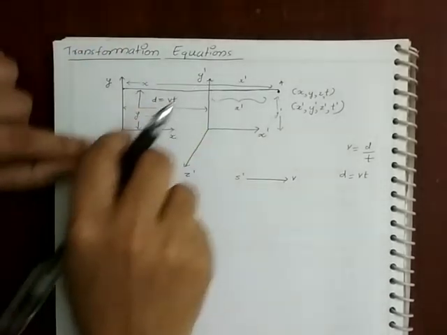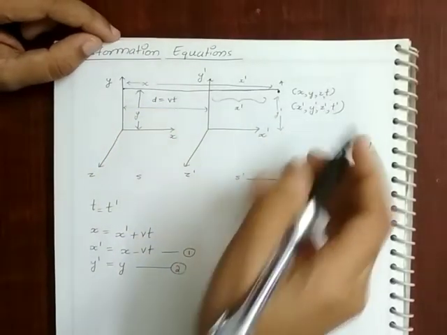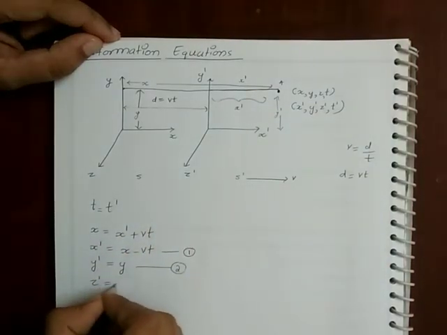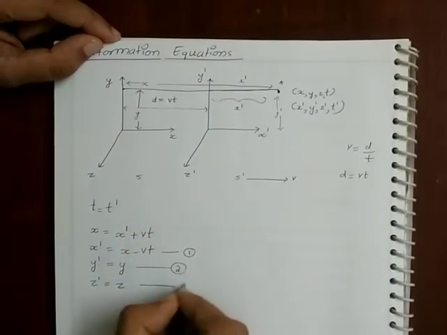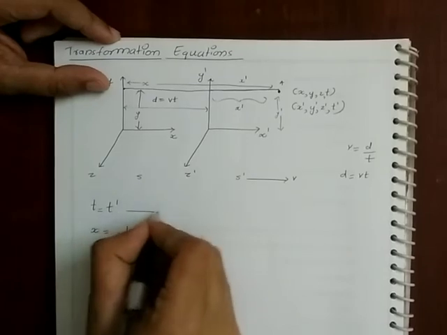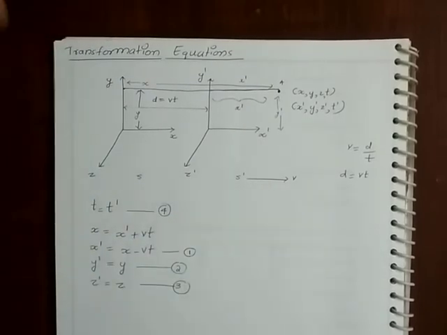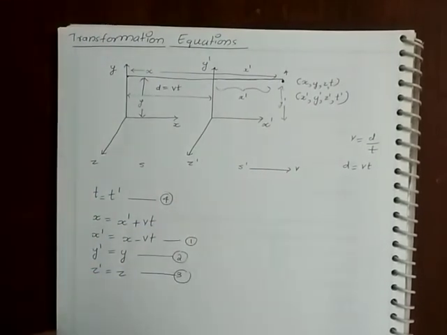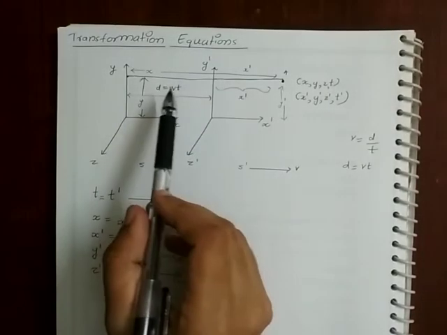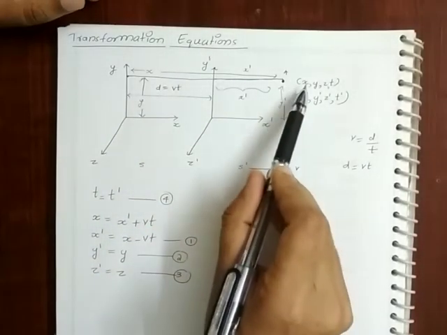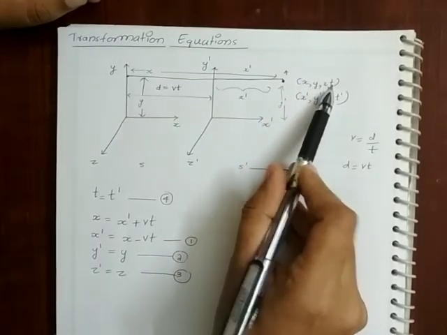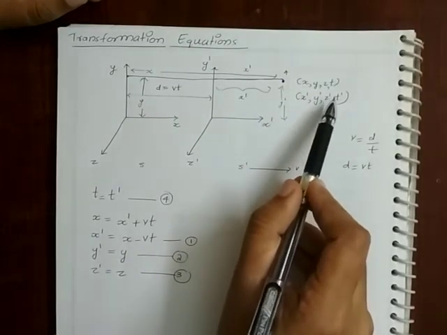Now we check the z axis also. We can say that z prime is equal to z. This is the third equation, and t prime is equal to t is our fourth equation. So these are our four equations which give us the relationship between x, y, z, t and x prime, y prime, z prime and t prime.